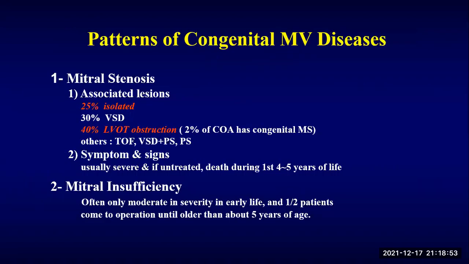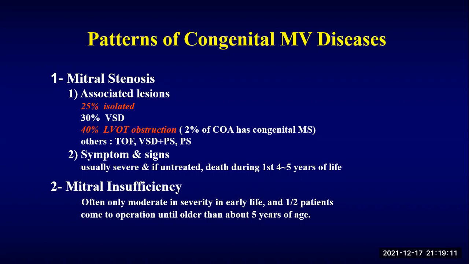Okay, some patterns of congenital mitral valve disease. Mostly mitral stenosis, which is sometimes isolated, in 25% of patients, and could be associated with other anomalies. In 40%, it is associated with LVOT obstruction.